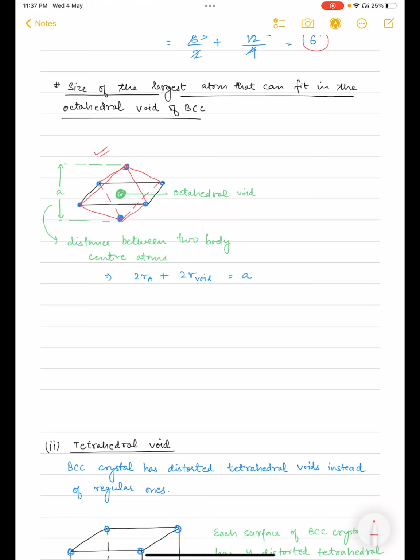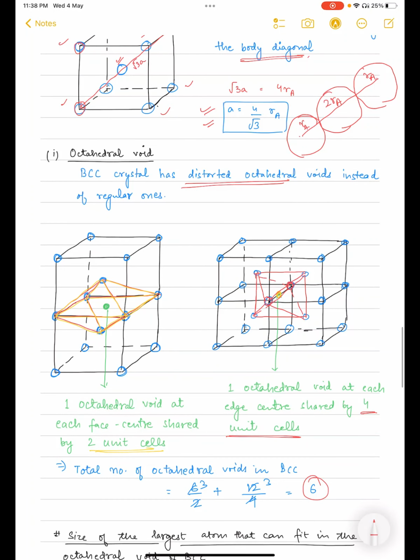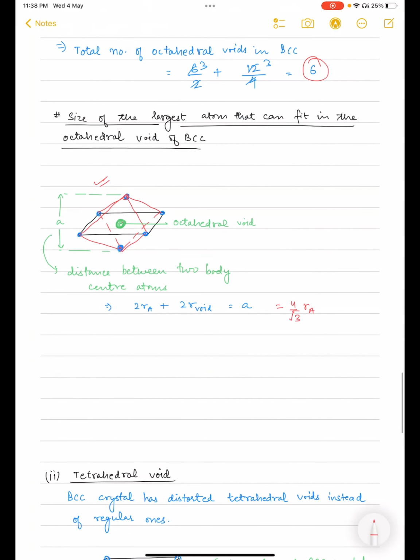So we get twice the atomic radius plus twice the radius of the void is equal to a. And for BCC, a is equal to 4 by root 3 RA.